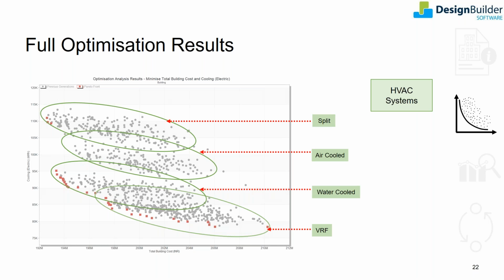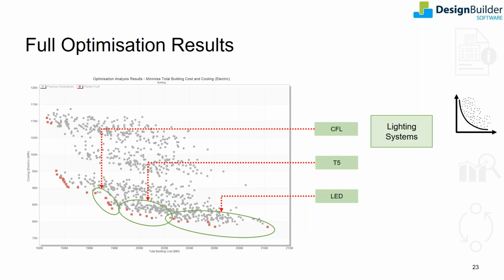The first most obvious pattern I wish to highlight is these four big clusters that point towards different HVAC systems. You can see from this that an improvement in system efficiency has a significant impact on cooling energy use with a relatively modest increase in cost.